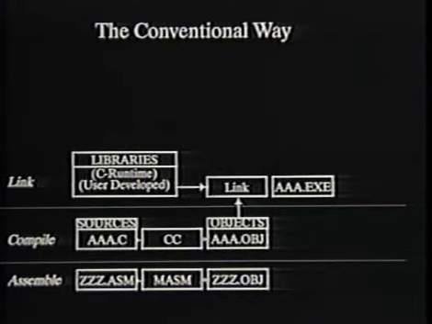Those are represented by the boxes over on the bottom left-hand side of the slide. And then we compile or assemble the sources that we have. That CC, by the way, stands for C compiler. That's not the command itself for the C compiler. And so we compile or assemble the pieces that we have, and we produce object files.